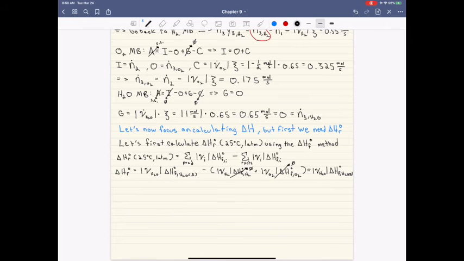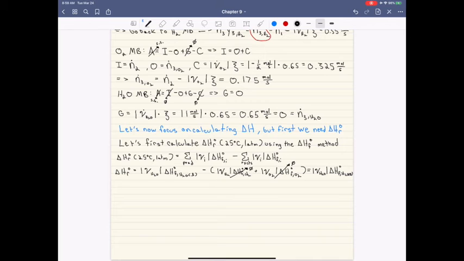If you're dealing with a reaction that involves a lot of elemental species, so H2 gas, O2 gas, nitrogen gas, or even carbon solids or silicon solids, and you use the heat of formation method to calculate the enthalpy of reaction, you can get rid of a lot of those terms pretty quickly, because the elemental species are going to be equal to 0. Okay?